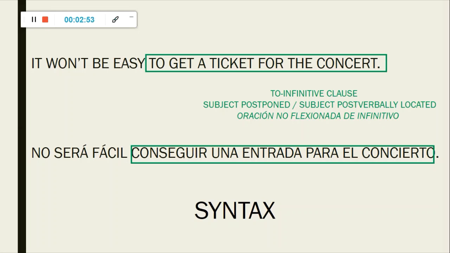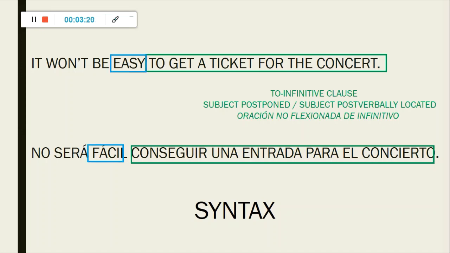If we compare these two elements, we will see that a to infinitive clause or a oración no flexionada de infinitivo is a much more complex and longer constituent than a noun phrase. So, the placement of the subject after the verb is due to this principle.